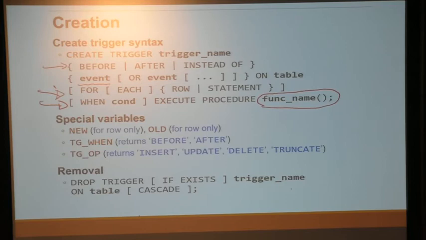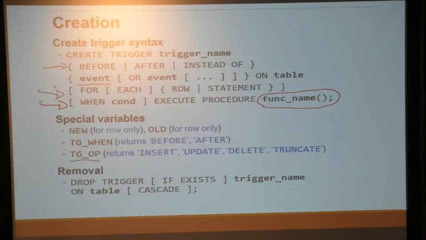When you do an insertion, there's no old value, because the old value hasn't existed yet. But there's a new value, the value that you're going to insert. When you do an update, there's both the old value before the update and the new value after the update, so you can modify any one of those. You can also ask what the operation is that I'm doing, and that is this tgop.